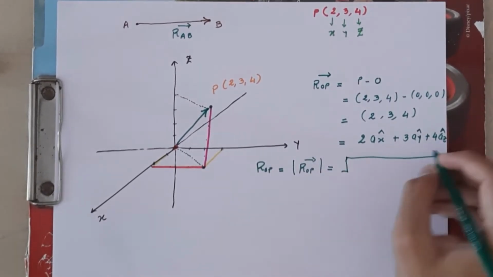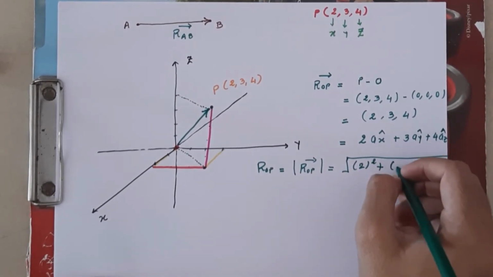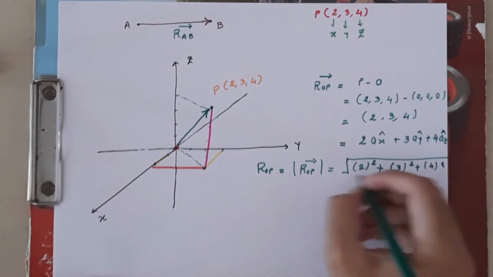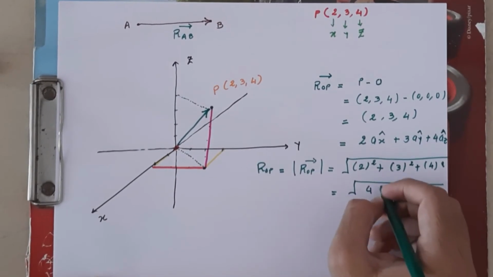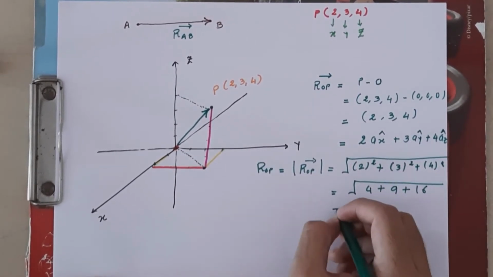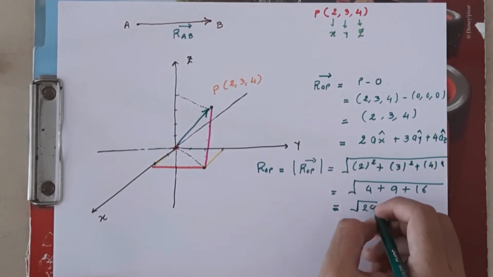It is nothing but the square root of 2 square plus 3 square plus 4 square. So it is the square root of 4 plus 9 plus 16, so it is root 29.